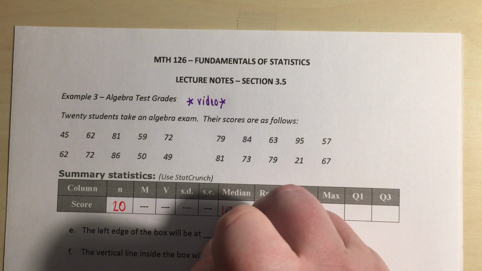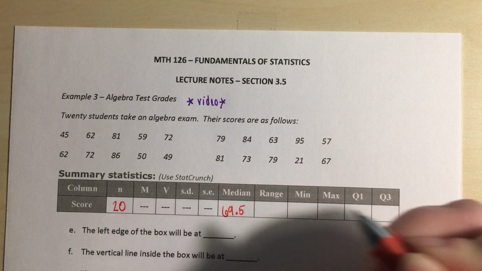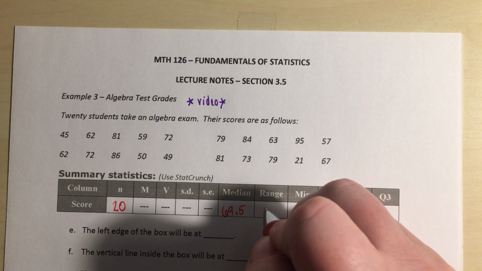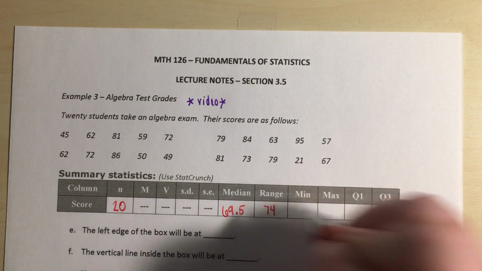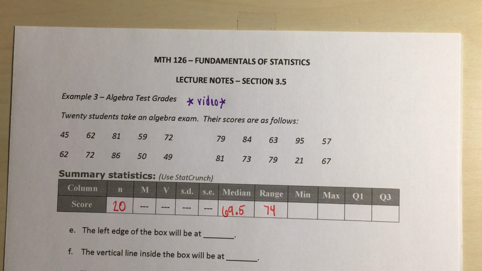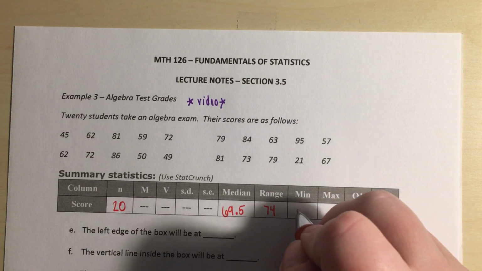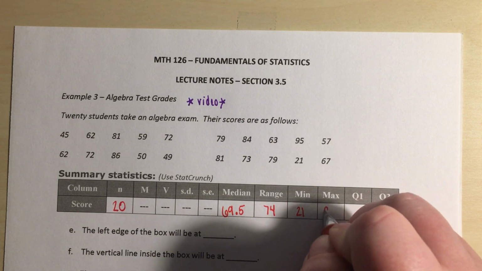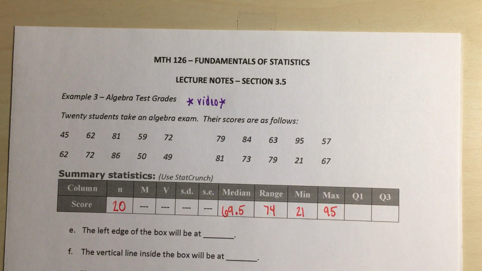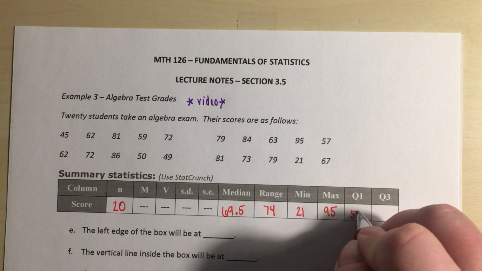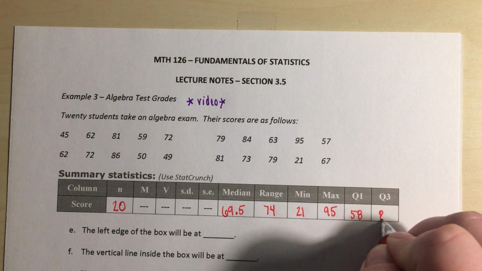Our median is 69.5. Our range is 74. Remember that our range is our maximum minus our minimum. Our minimum is 21. Our maximum is 95, which is where that 74 came from because we subtract those two. Our Q1 is 58, and our Q3 is 80.